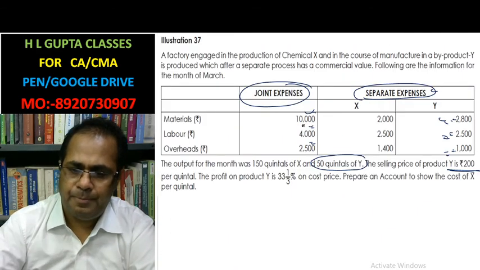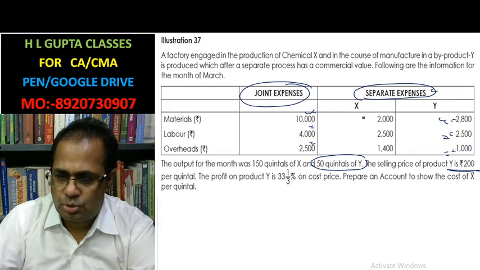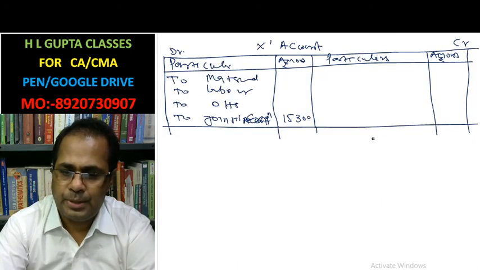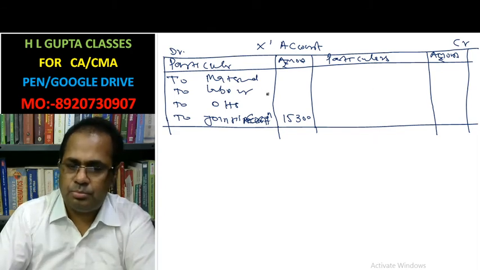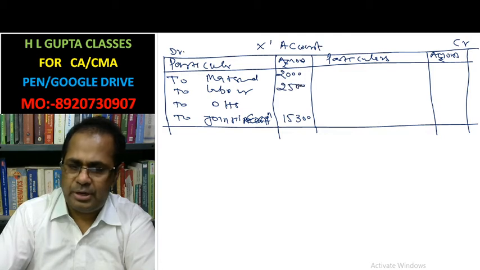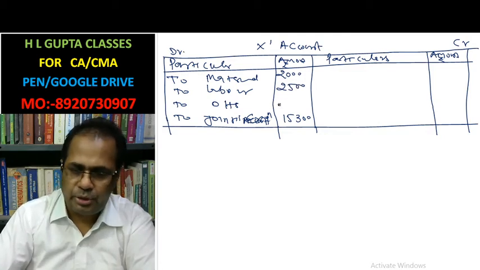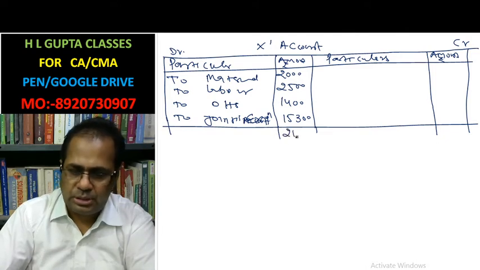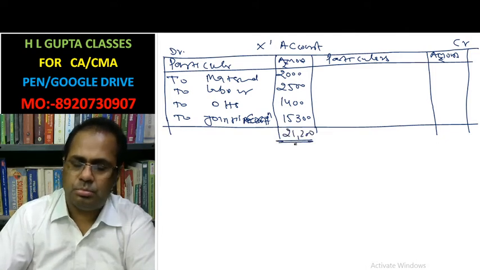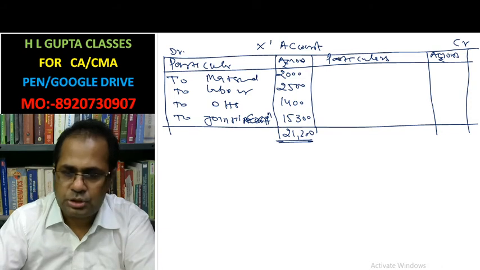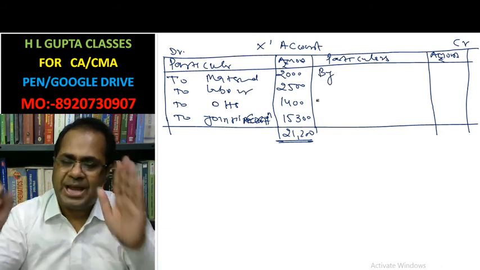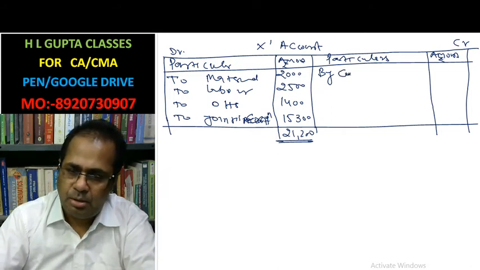This is 2,000, 2,500, 1,400. Total 21,200.